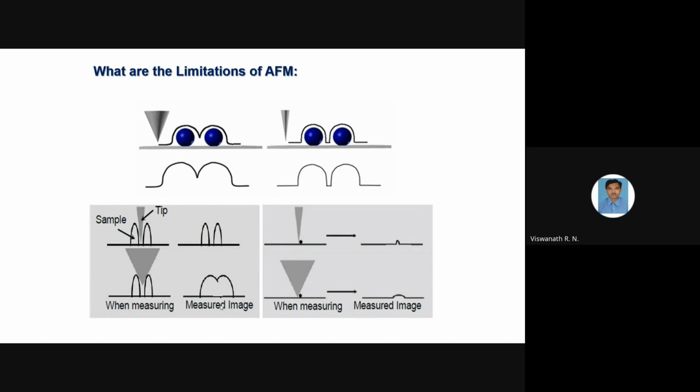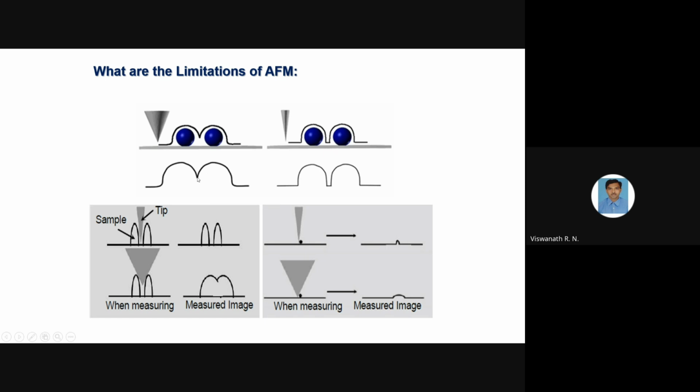So basically, it gives the information I told you about. You have two objects, so the tip moves and gets the information about the structure. If the tip is not very sharp, the information is a little wider. But here it is perfect. A flat region you can also see, but here not.